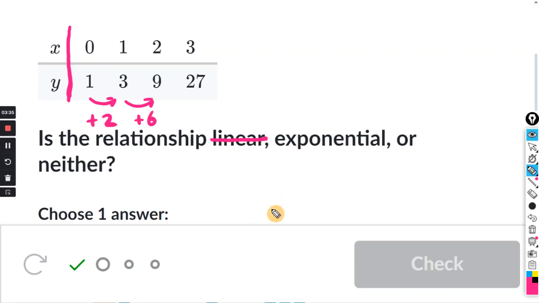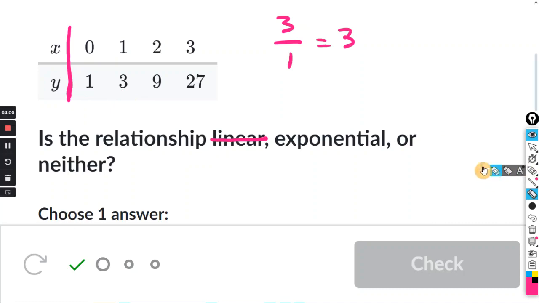Now we're going to try exponential. Let me erase this here. So now instead of subtracting, we're going to divide. You just divide by the previous term. I'm going to do 3 divided by 1, and of course, that is just 3. Now try it with the next two terms. 9 divided by 3.